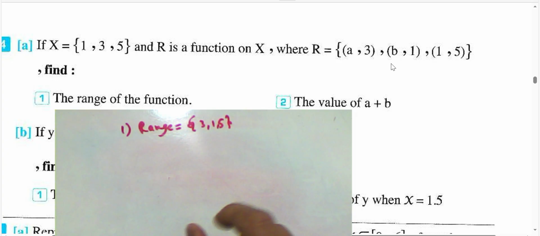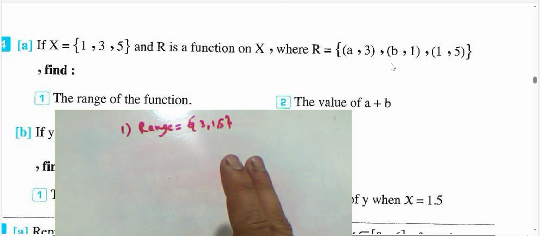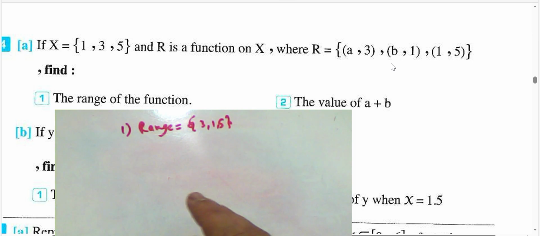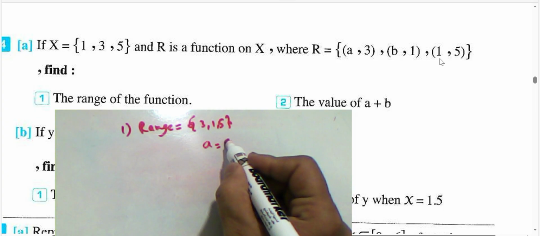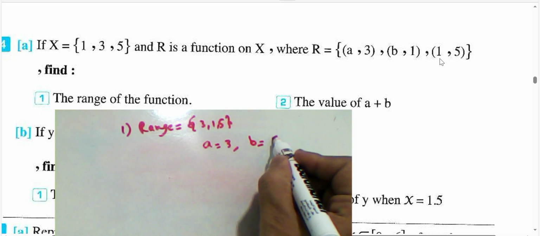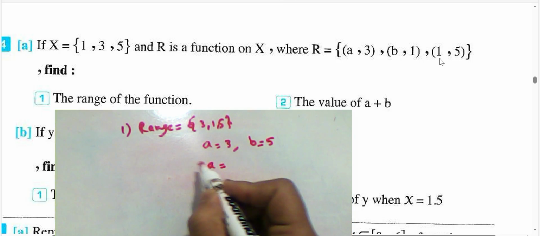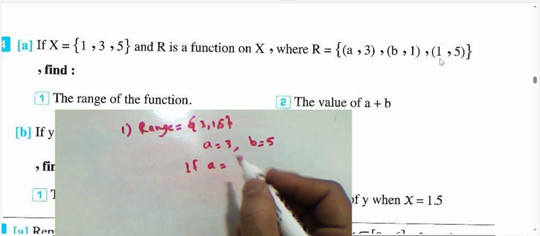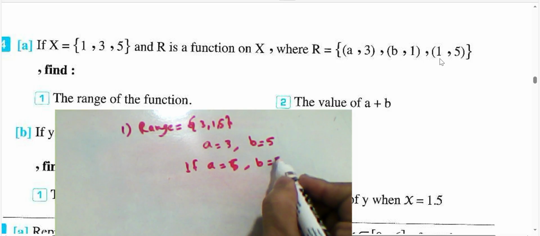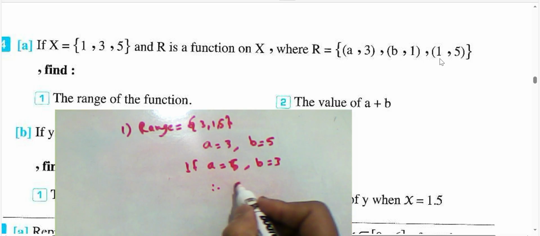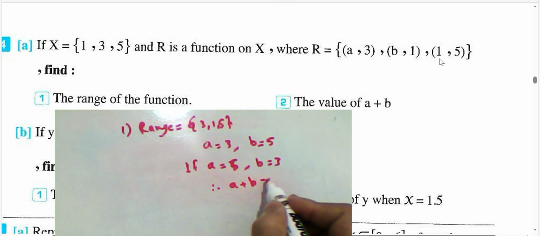We know the relation R is such that A may be 1, maybe 3, maybe 5. But don't repeat it. Look here, we already have 1. So A may not equal 1, so choose 3, and then B will equal 5. And if A equals 5, then B will equal 3. Then the summation A plus B equals 8.